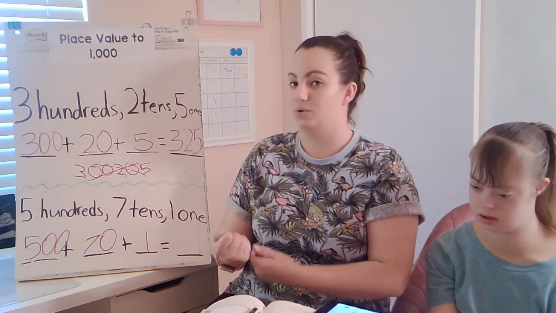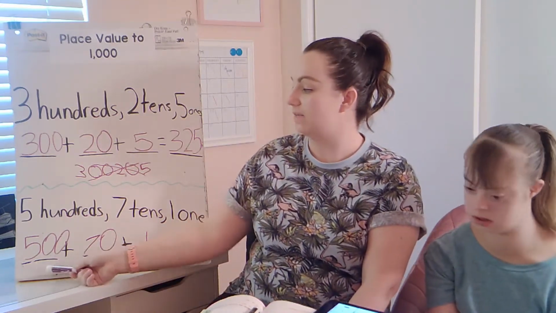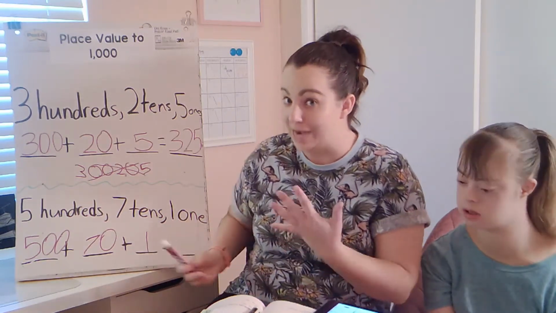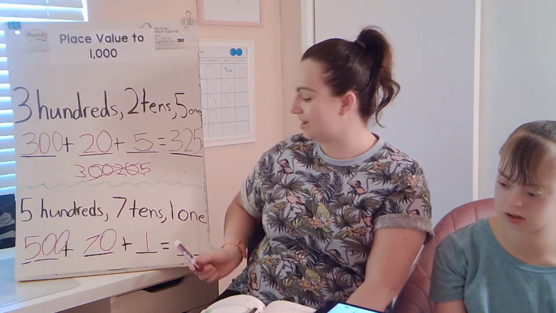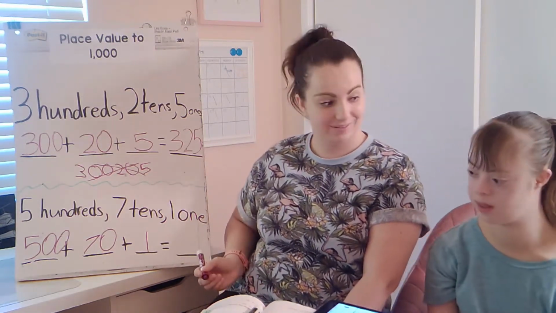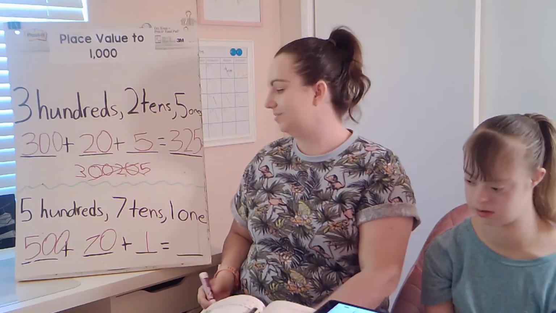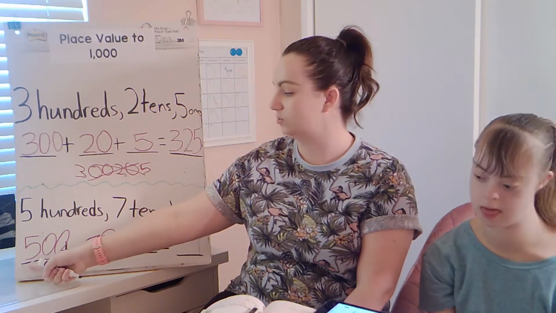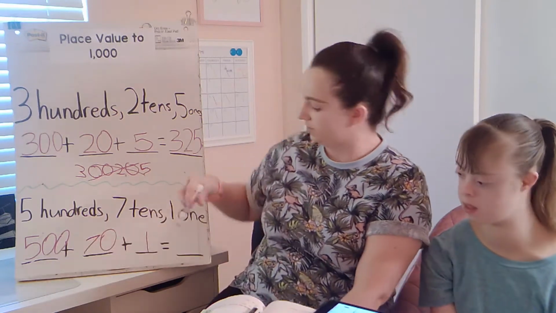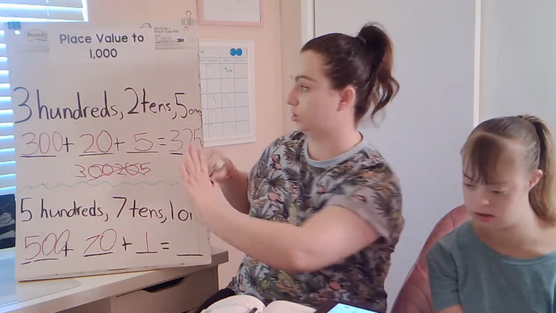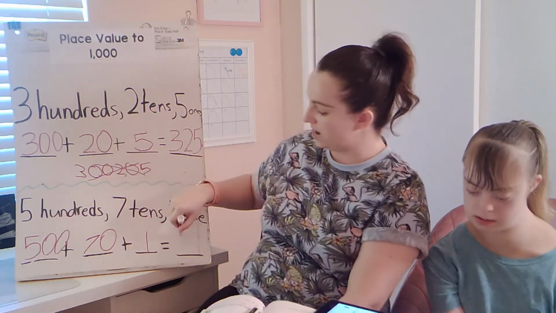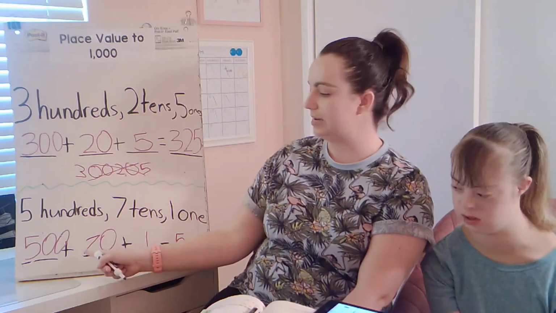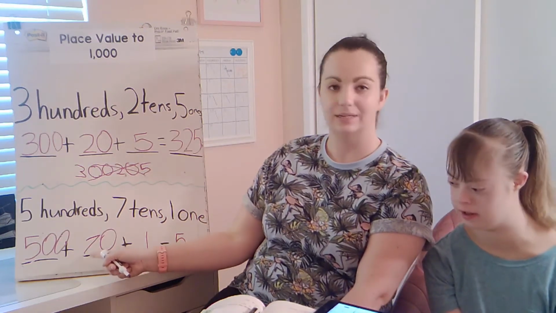Okay? So we wrote out the numbers. 500 plus 70 plus 1. Kind of saying it that way helps us now write the final number. Okay? So let's go ahead and write it. Good. Our first one, 500. So I know I need to write 5 in the 100 spot. The spot farthest to the left over here. How many tens? 7.